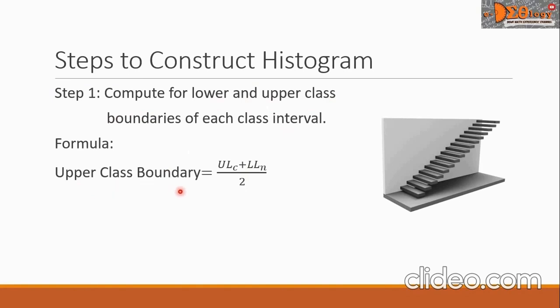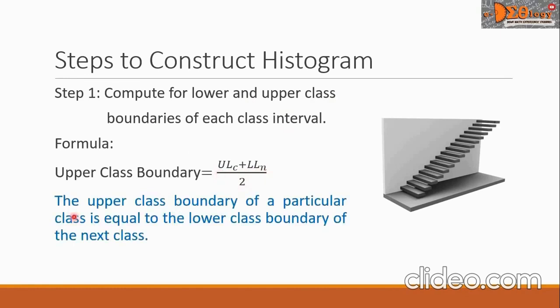For upper class boundary, that is equal to UL sub C, where UL means upper limit of the class interval, plus LL sub N, the lower limit of the next class interval, all over 2. The upper class boundary of a particular class is equal to the lower class boundary of the next class.